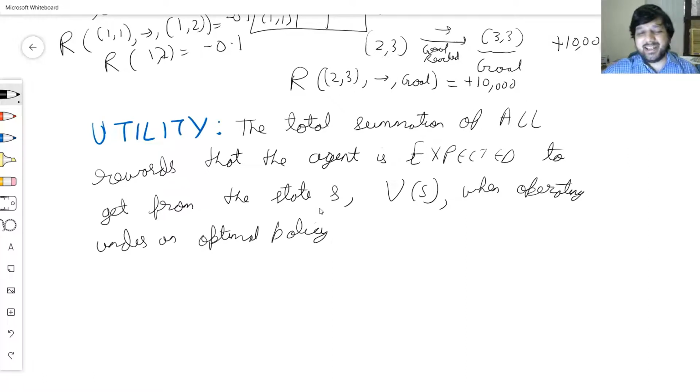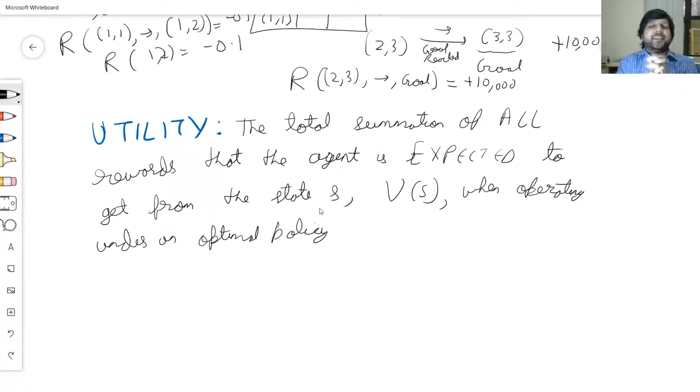So all I say is that from the state S, how do I make a motion? I don't know. There's a policy that has been given to me and I keep moving by that. I sometimes slip, I sometimes don't slip. However, when I reach the goal and I get this reward of reaching the goal, I do all the calculations. I spent so much money here, I got so much money from there.